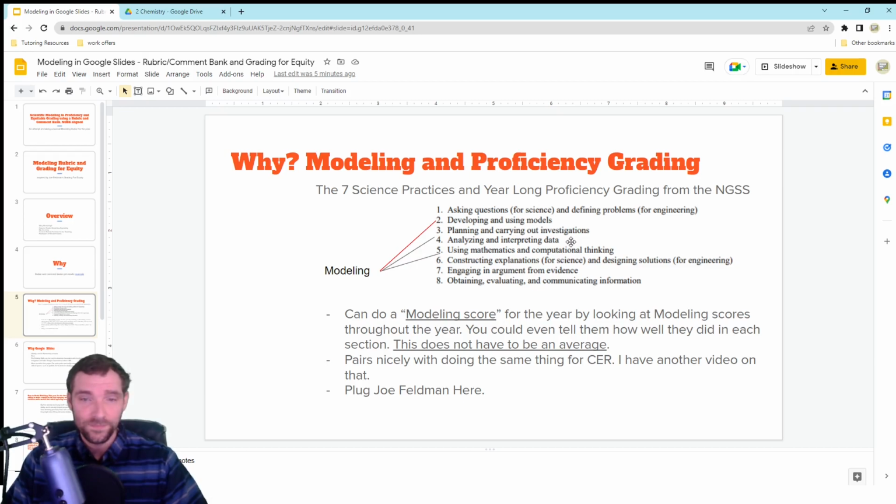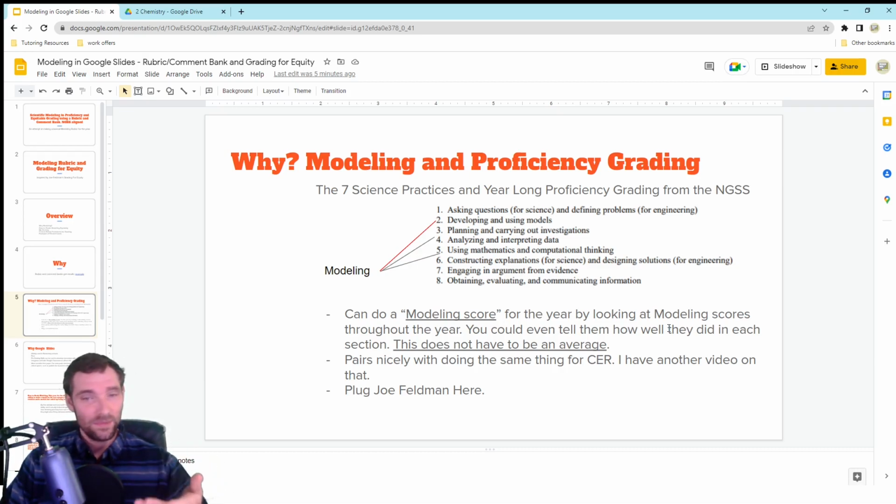So if you have a good score for these different practices, you can have assessments related to modeling and then have a modeling score. So instead of just having a grade for the whole class, like in language arts or math, they'll give students specific scores on specific skills, like, oh, their reading's at this level, their writing's at this level.